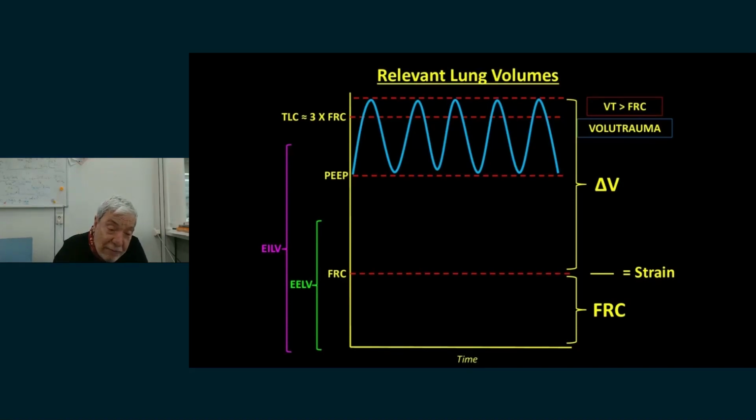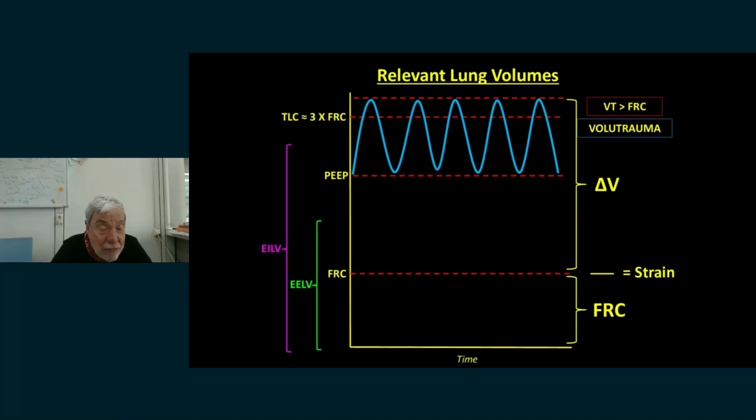Now, you are hearing me at this moment. Try to take the deepest breath you can. You are at total lung capacity. Now, try to superimpose over there your tidal volume. Try to do 15 times per minute, 20 times per minute, for 1 hour. You are dead. Because the physical limits are extremely important and the variation of volume is fundamental.